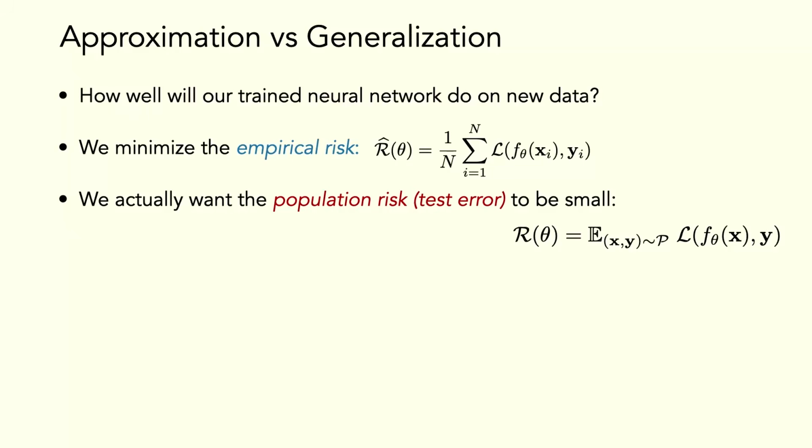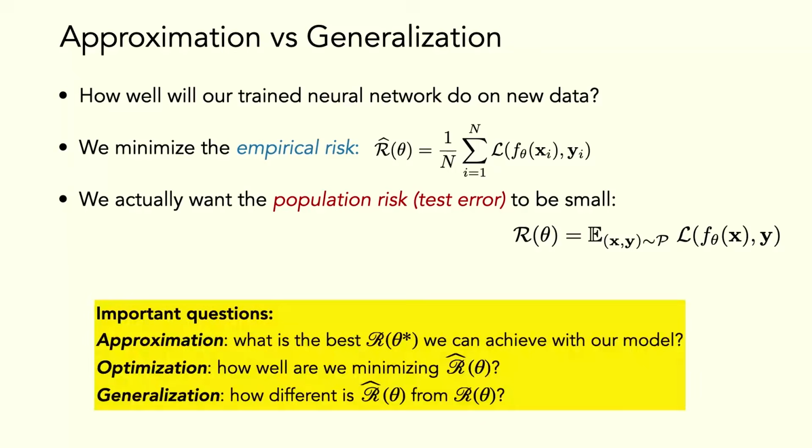The population risk is on new samples from the world, new samples from the data generating process P. So new samples x, y, new observations. How well do I do in expectation? This is the population because it's over the entire population of observations I could get from my world's data generating process P. But you could also have an empirical test risk, which would just be over a sample. Like my test set is a sample of 10,000 images. How well do I do on them?